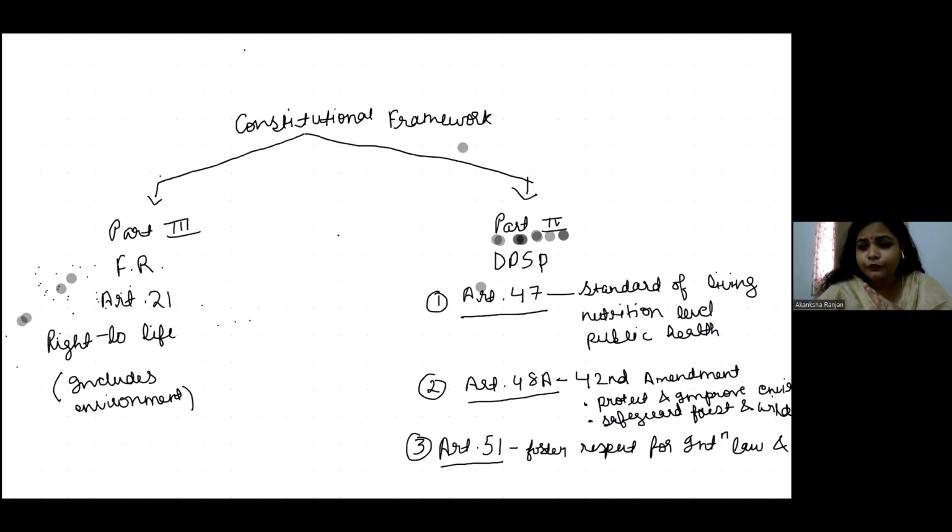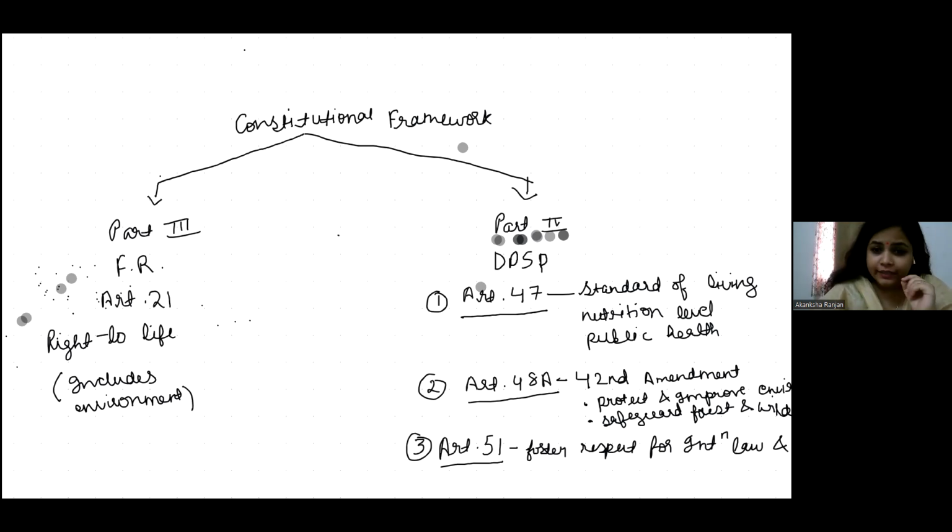Now in Part 4 there are various directive principles of state policy in which there is a responsibility on the state to maintain the environment, and there is a responsibility of the citizen to make sure that they are not impacting the environment negatively.